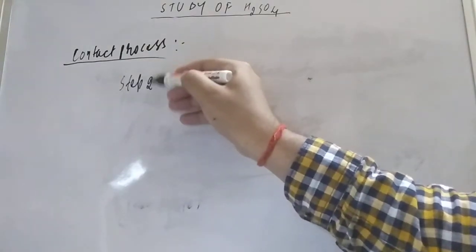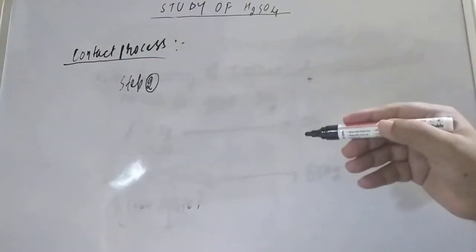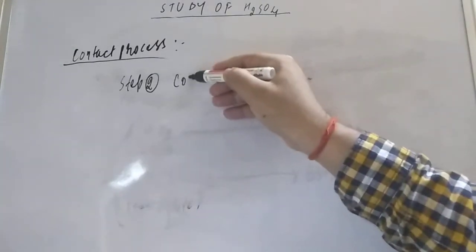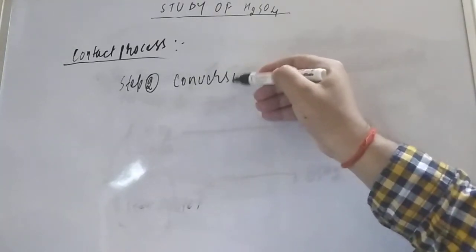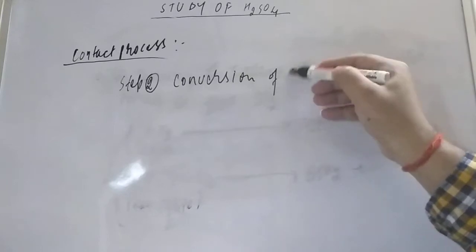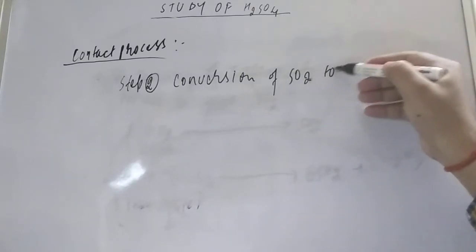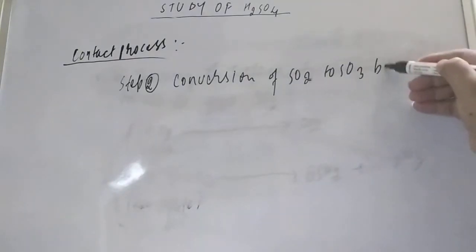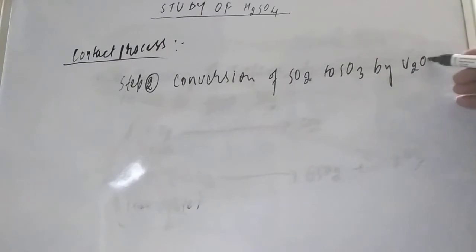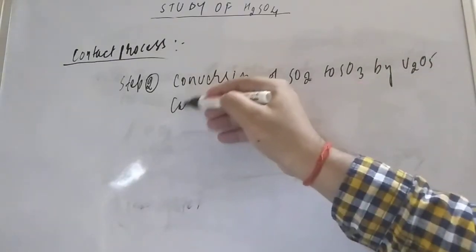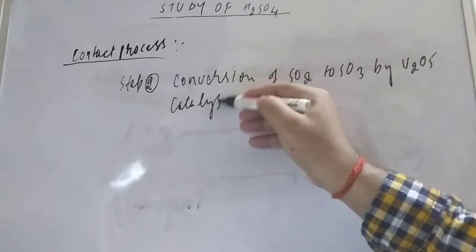Step number 2 is conversion of SO2 to SO3 by V2O5, vanadium pentoxide catalyst. With the help of this catalyst, we convert SO2 to SO3.